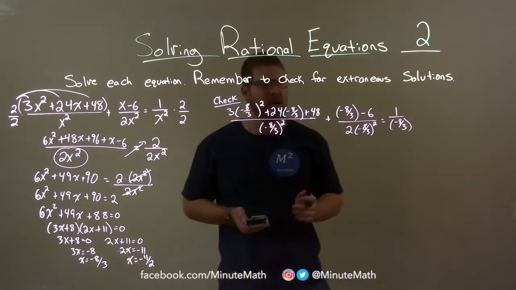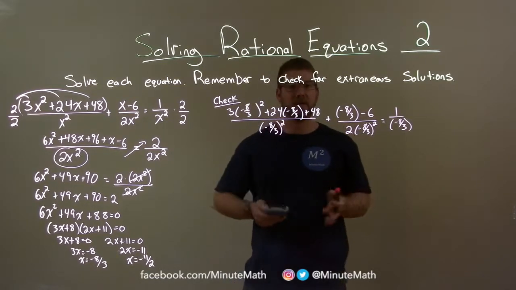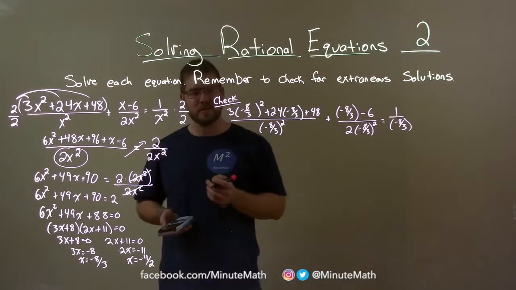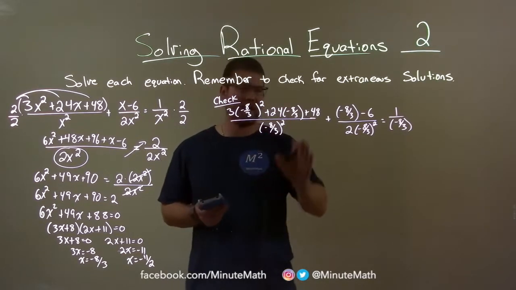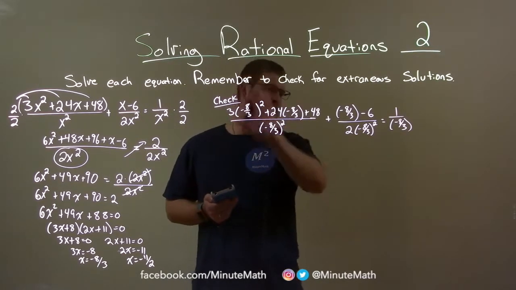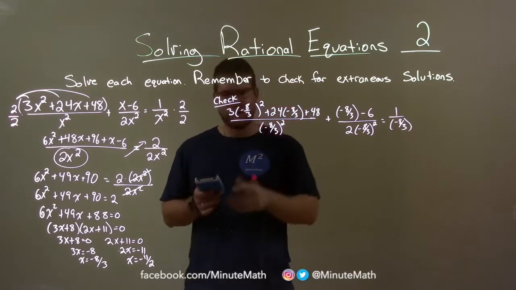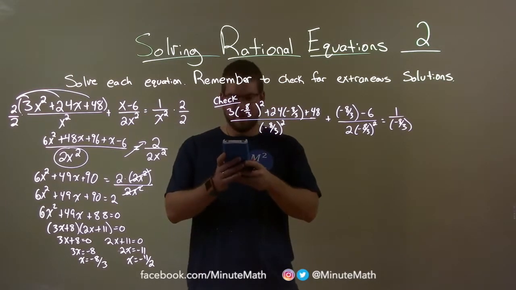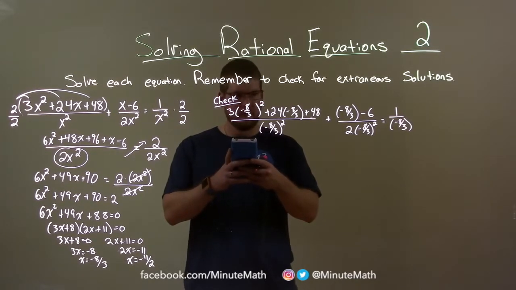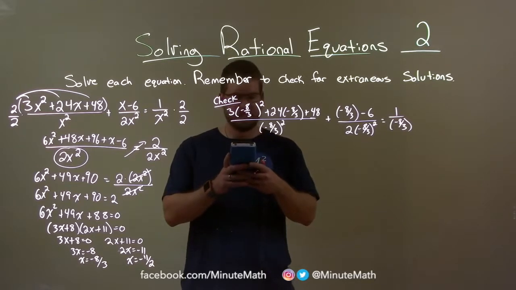Again, we're going to see if the left and right hand sides are equal. If they are, this is a true solution. Let's simplify. I'm running out of space, so I'll do it all in one step. The whole numerator: 3 times negative 8/3 squared plus 24 times negative 8/3 plus 48.